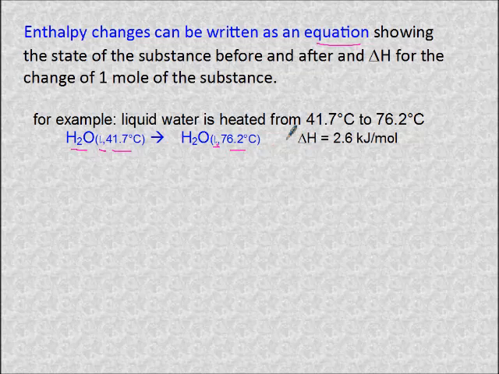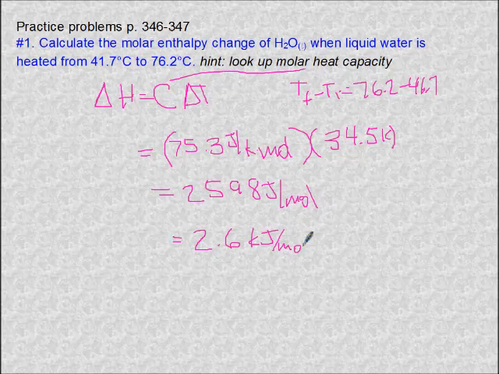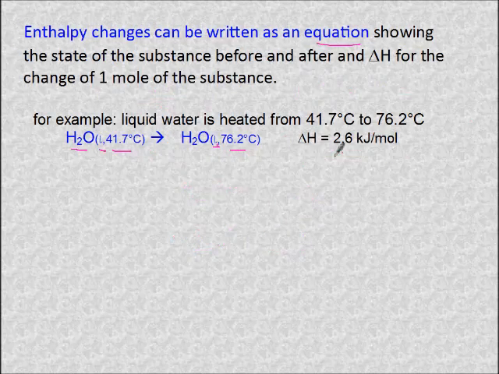And the delta H for this change is 2.6 kilojoules. Again, I had 2,598. If I divide that by 1,000, that's approximately 2.6 kilojoules per mole. And that's the delta H for this change in the chemical substance.